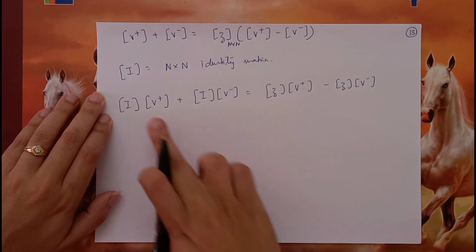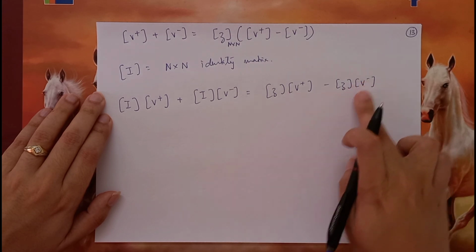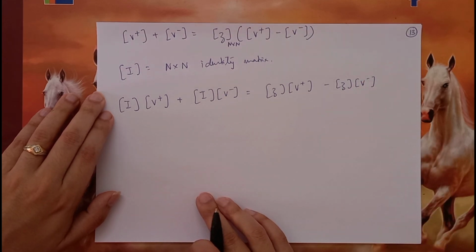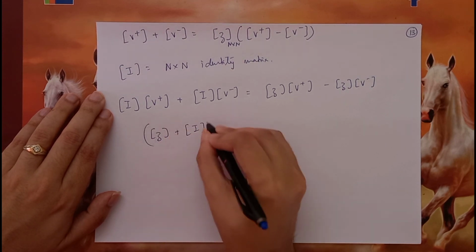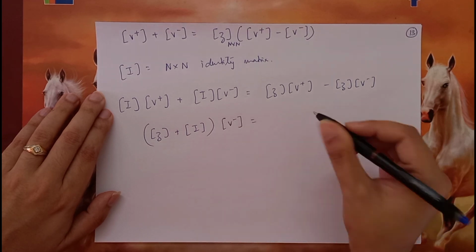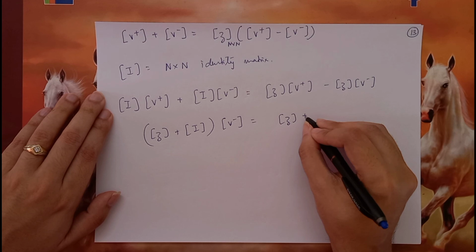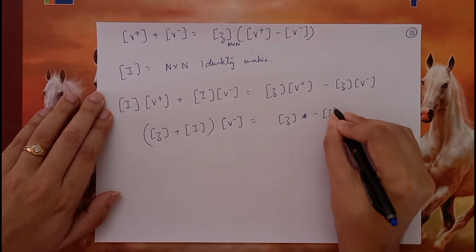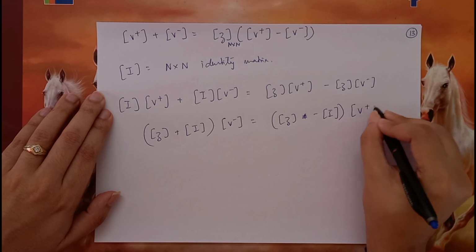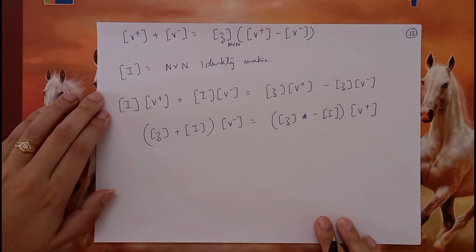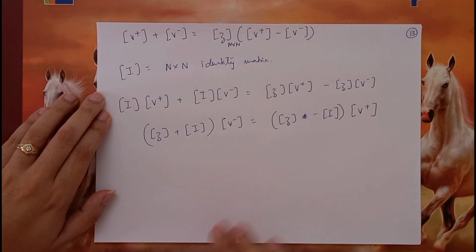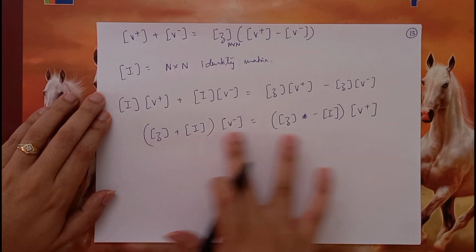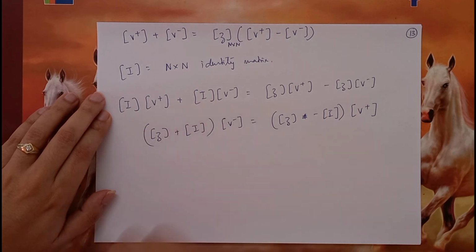So let us try to bring the V plus over here and the V minus over here. So therefore I can say z plus I times V minus will be equal to z minus I times V plus. Now, to isolate V minus at the left hand side, what I can do is multiply the whole equation with the inverse of this matrix.